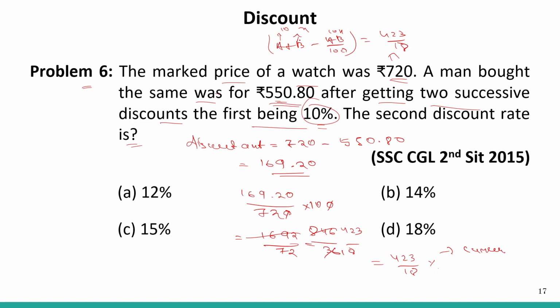So then further, solving for x, that is solving the equation, 10 plus x, so it will be 423 by 18 minus 10 is equal to 0.9x. So this implies that x is equal to 10 by 9 into 423 by 18 minus 10. Okay, so this will be the correct answer. So x will be this much amount. Okay, so the second discount will be this much.